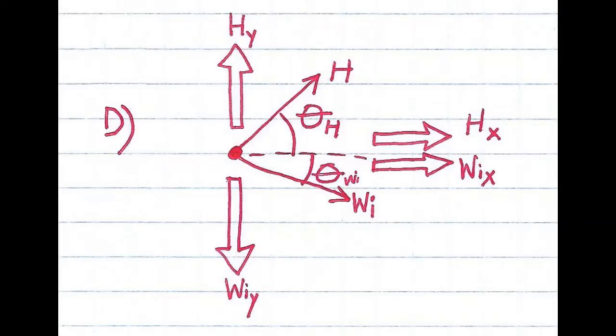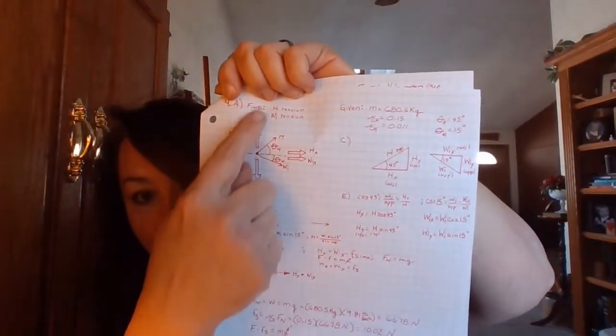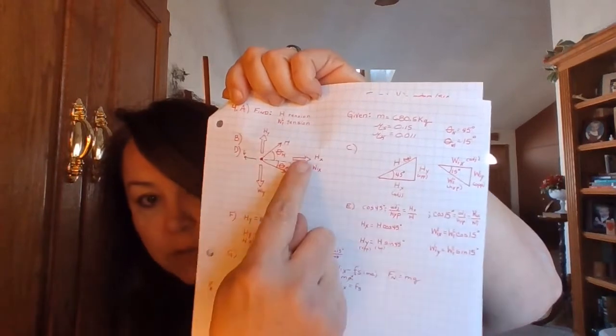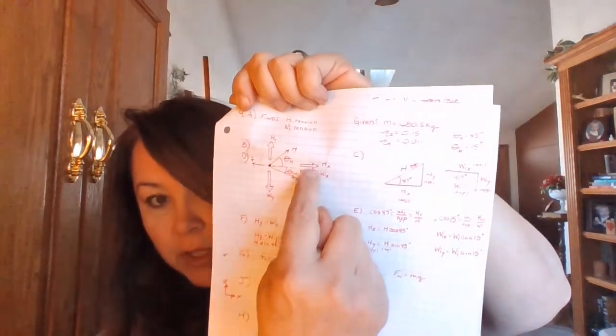D says to add the resolved forces to the free body diagram as open vectors. I like to use open vectors for my resolved forces, so there's no confusion that these are resolved from the other forces. So that should look like this, where HY is in the vertical of H, and we have HX.